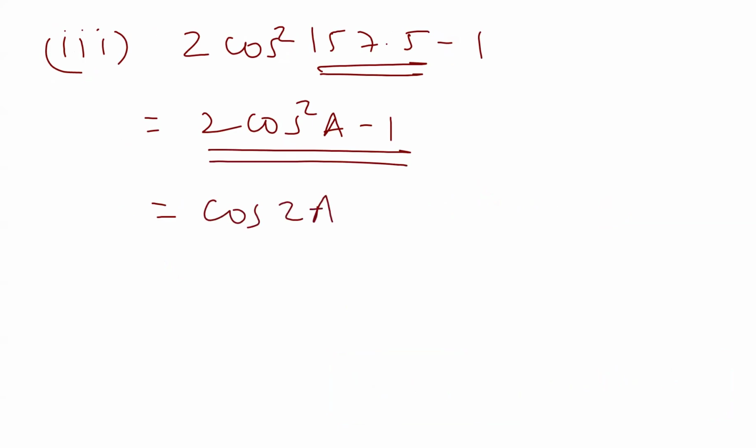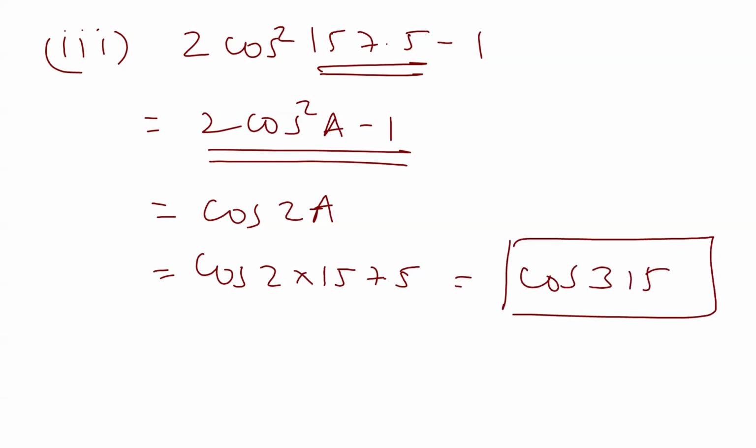And cos 2A, replace the value of A, which is 157.5. So you'll have to multiply this 157.5 into 2. That is cos 315. Now this I leave it up to you. You can solve this by the divide by 90 method, that you can do on your own.